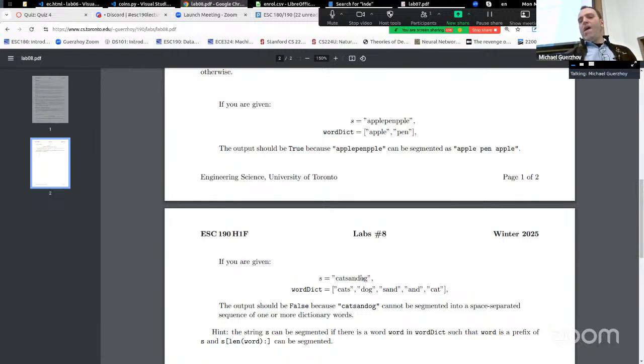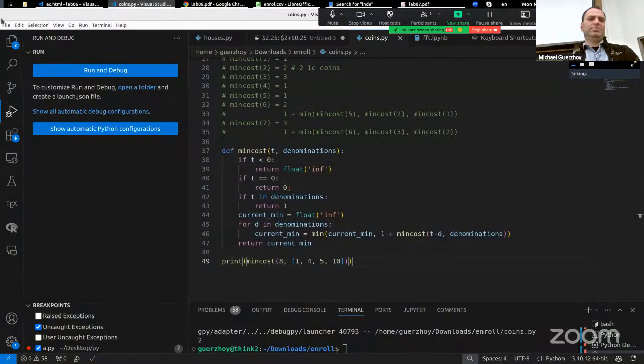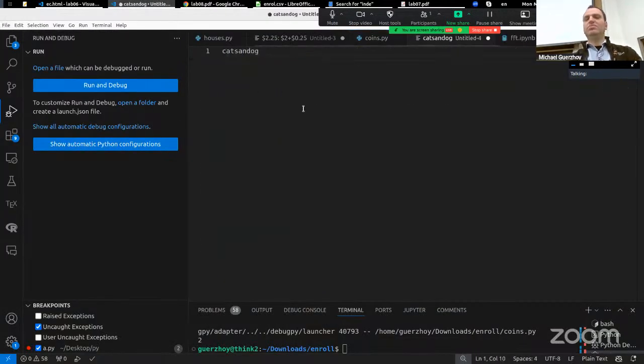So you can solve it with kind of the same technique. Here's the technique that I'm proposing. Let me take this guy, and then let me get my dictionary.